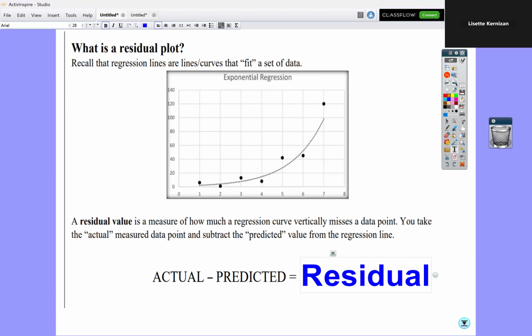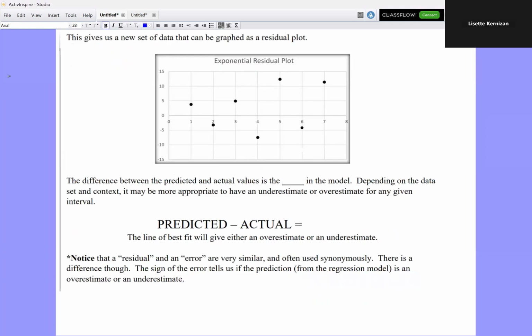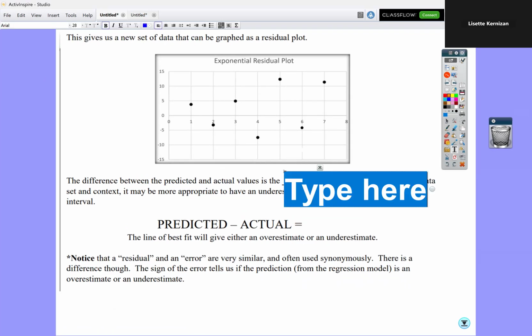It says this gives us a new set of data points that can be graphed as a residual plot. The difference between the predicted and actual values in the model is what we call an error. So I'm going to put in here error.